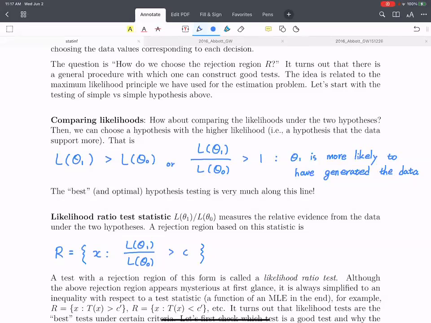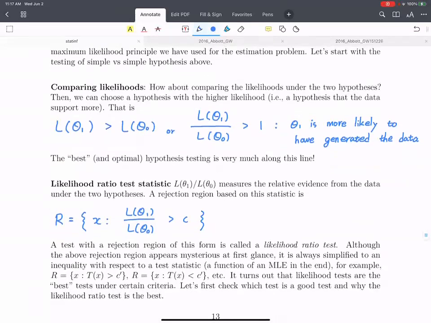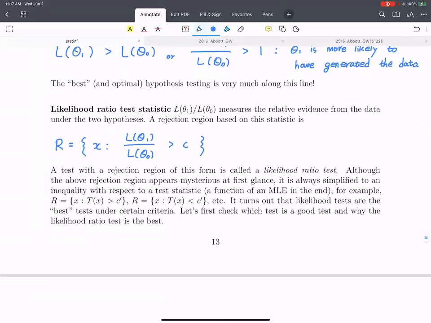I know that this form may look mysterious at first glance, but in the end, it will be summarized into some simple inequality, like test statistic greater than some constant, or test statistic less than some constant. It will be simplified by rearranging the inequalities.